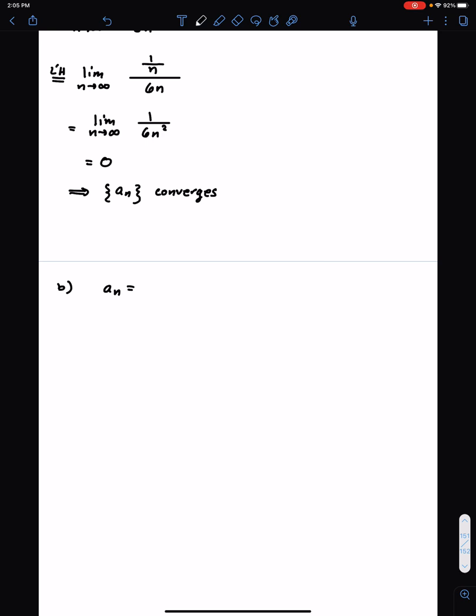A sub n is equal to n divided by the square root of n squared plus 4.